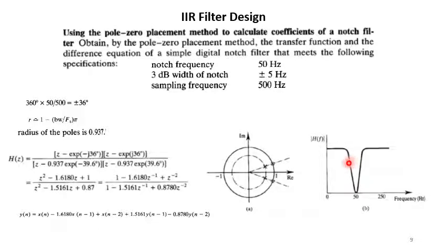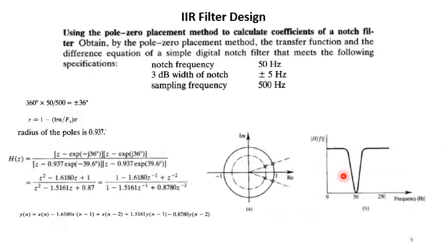So one point we have here and we have another point here, 3 dB, right? So the difference between the two frequencies is this one, right? So we have this response, as plotted here.